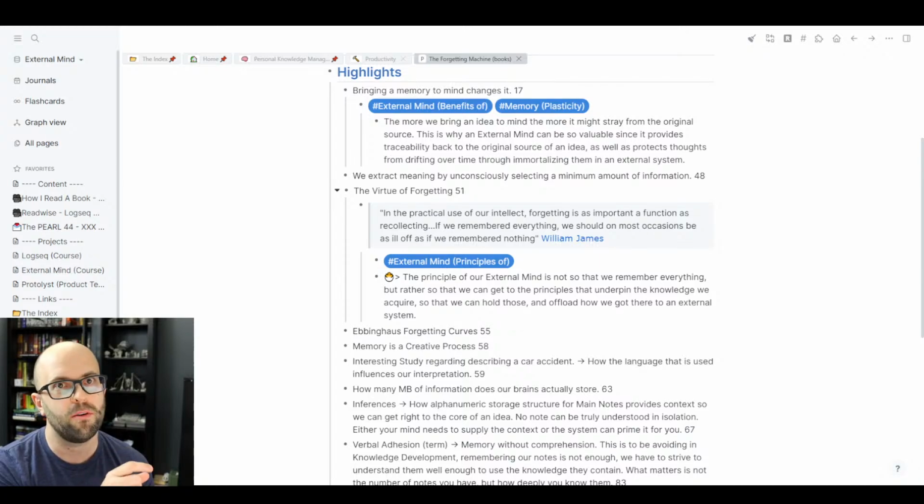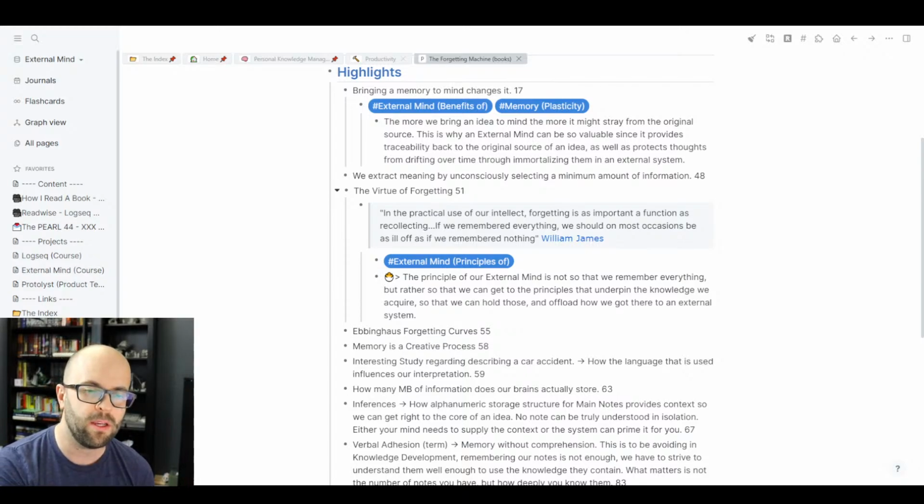So I was thinking about that in terms of my external mind, or Zettelkasten system, or some sort of knowledge development system. I think what you want to get to is not just capturing a whole bunch of information in your system.